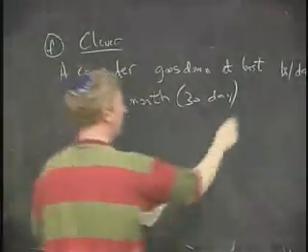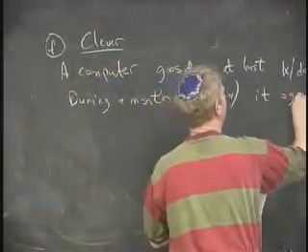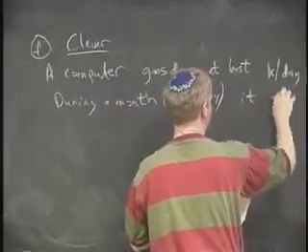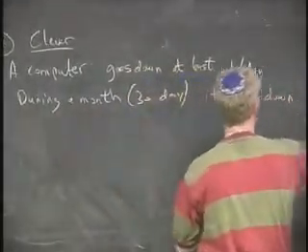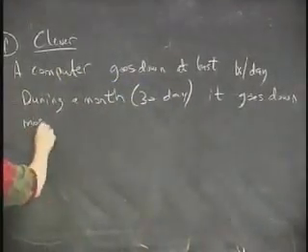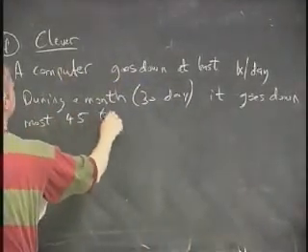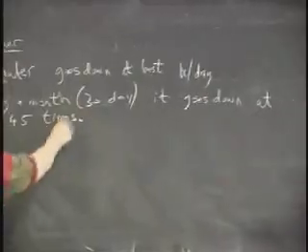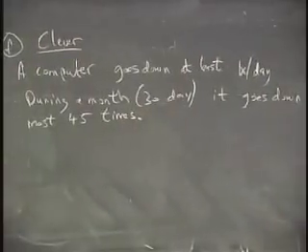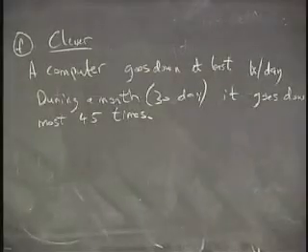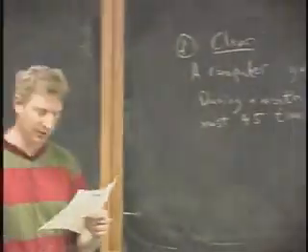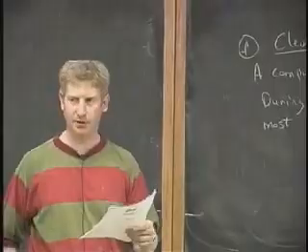During a month, it goes down at most 45 times. It can go down 45, but it won't go down any more than 45 times. Once a day, no more than 45 total during a 30-day period. Okay? That's all the information.